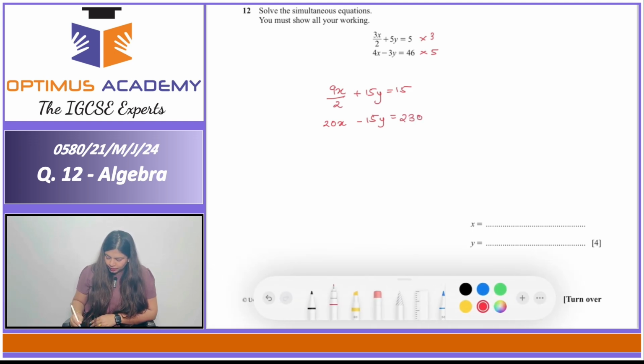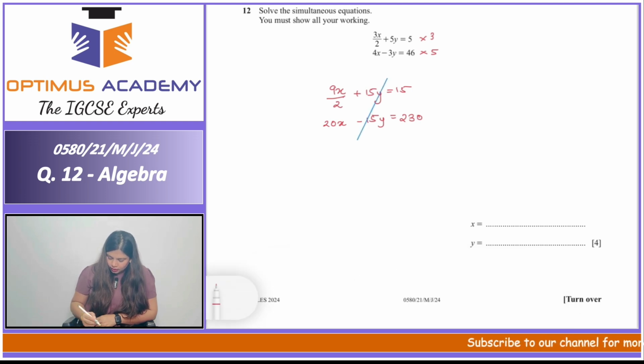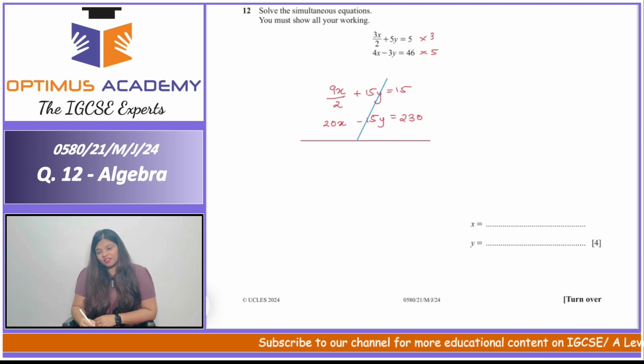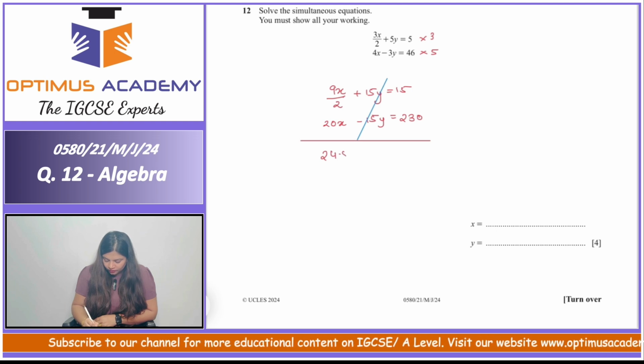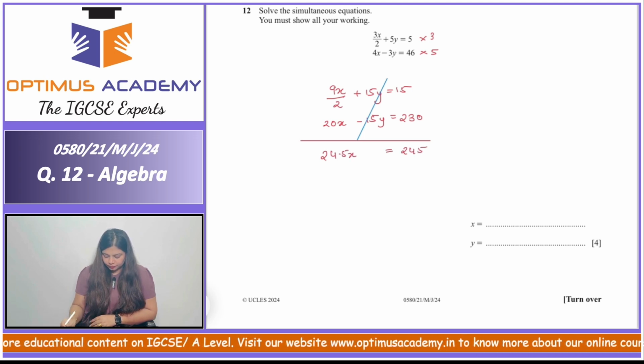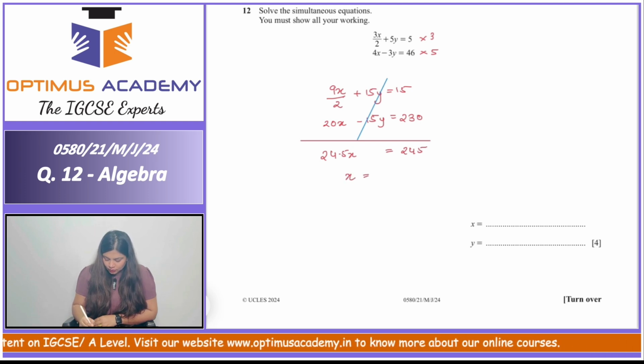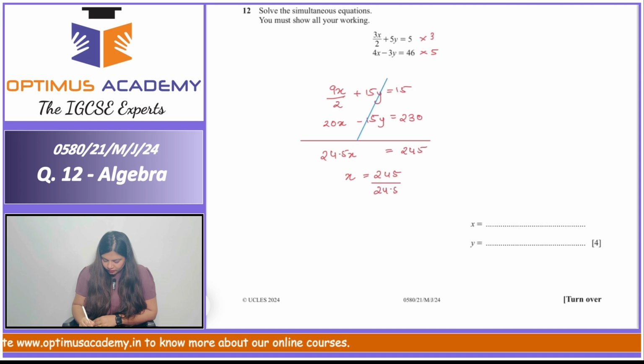Since we have plus 15y and negative 15y, we can cancel both the terms and we will get 9x upon 2, which is 4.5x, plus 20x, which would be 24.5x, equals 245. Hence, x is equal to 245 divided by 24.5, which gives us the value of x as 10.